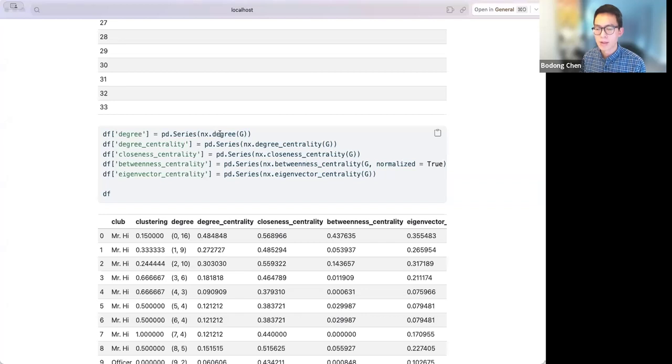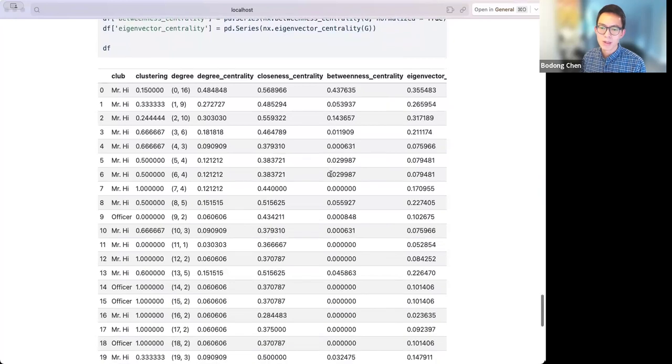For example, we can extract degree of the node. We can extract degree centrality, closeness centrality, betweenness centrality, eigenvector centrality, and then put them in the data frame. We can even include the attributes of the nodes as well, because apparently there's an attribute named club that's used to describe every node in the network.